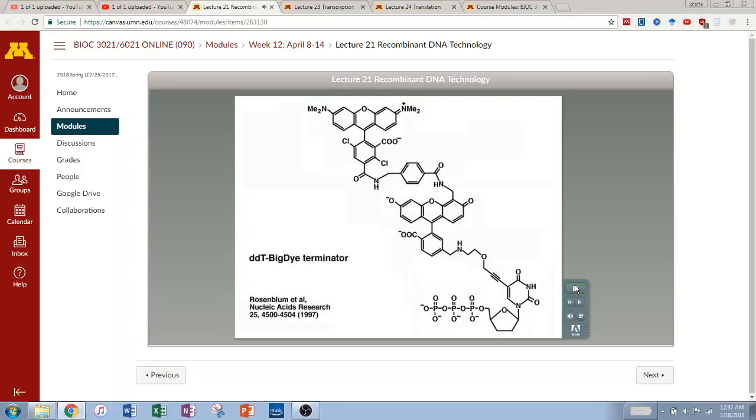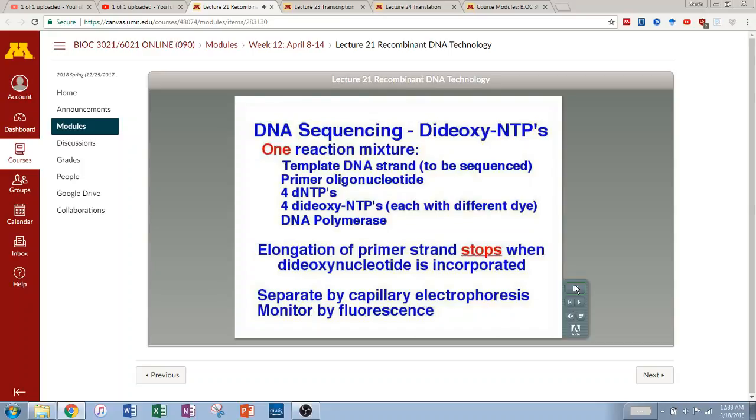The compound consists of dideoxy TTP with a dye covalently attached on the side of the pyrimidine ring that's not involved in hydrogen bonding. This compound, like the underivatized dideoxy TTP, can pair with an A in the template DNA chain and cause chain termination of the new DNA strand.